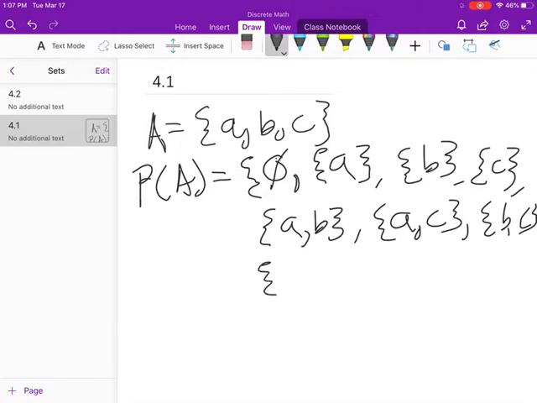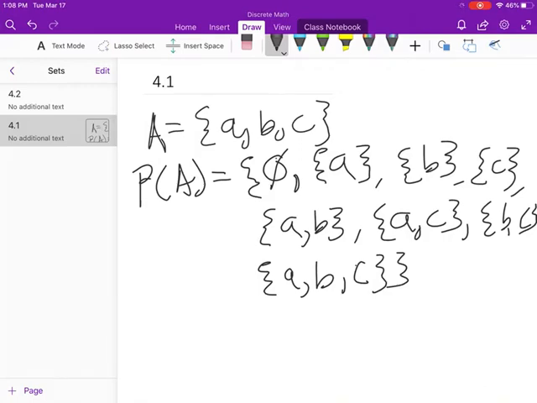So there's all the two-element sets, and then finally the three-element set, A, B, C. It's perfectly valid to have a set be a subset of itself. That's true of all sets. All sets are subsets of themselves by our definition of a subset. We'll talk more about that in the inclusion section, which is coming up next. But there we go, this is all of them.